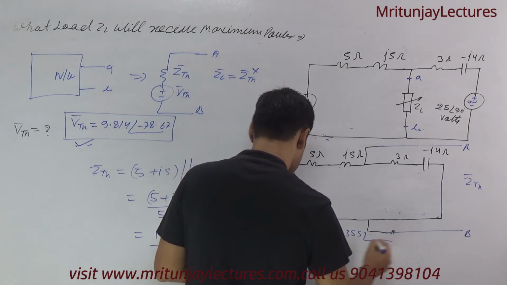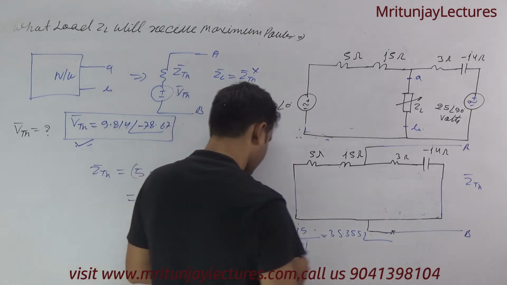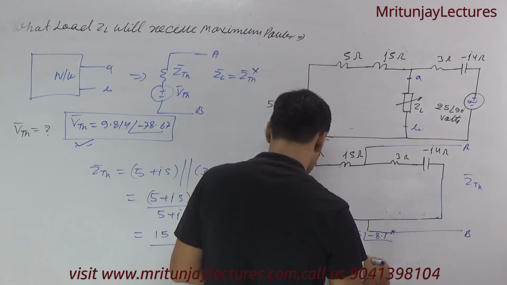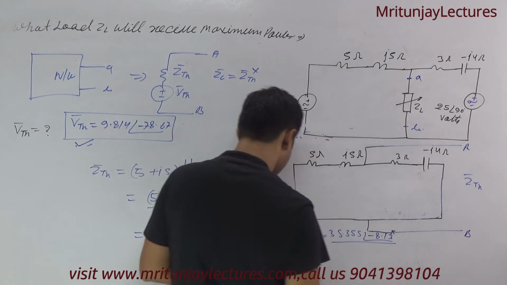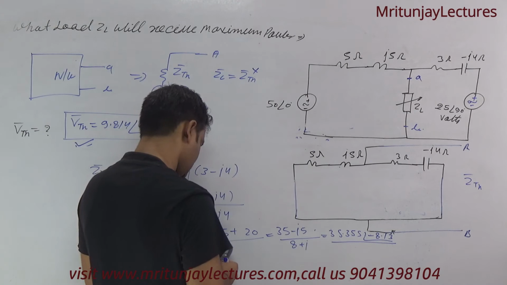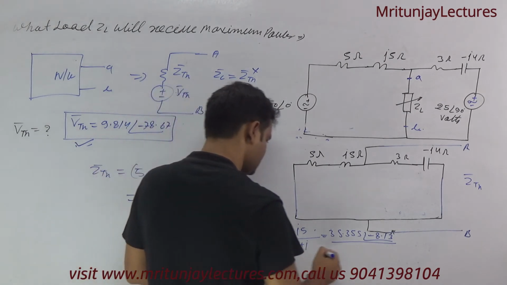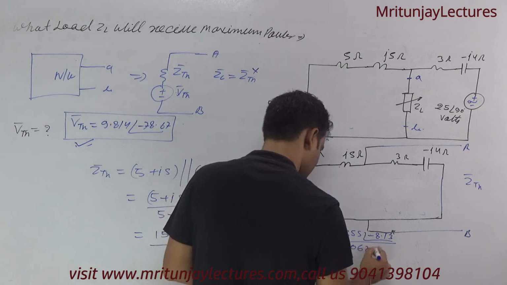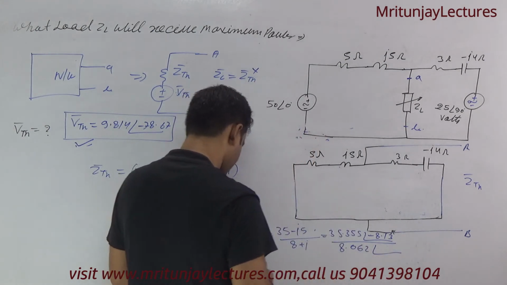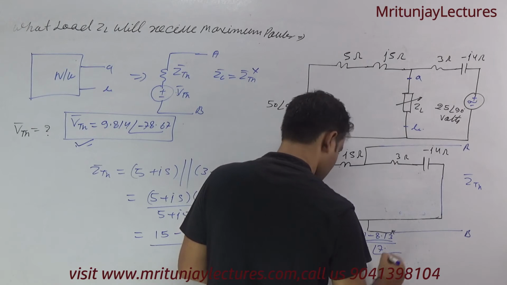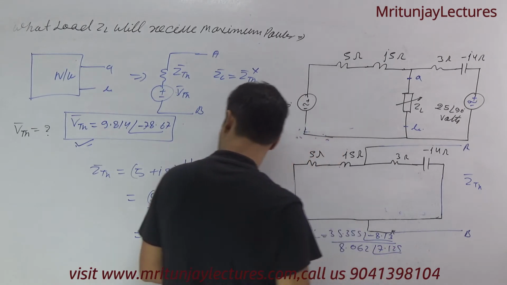35 minus j5 is converted into 35.355 at the angle minus 8.13, whole divided by 8 plus j, which is converted into 8.062 at the angle 7.125.